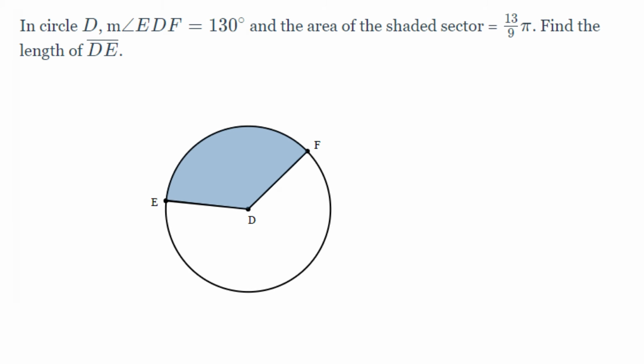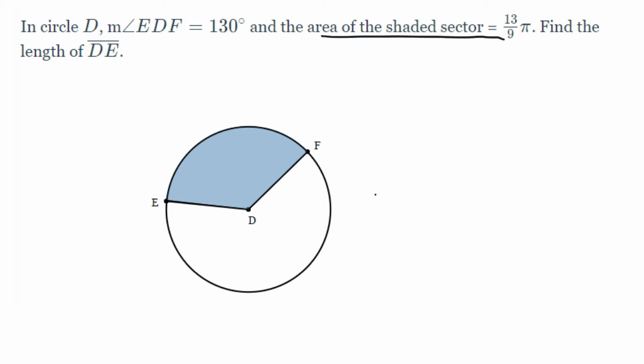I kind of started with a backwards one that I really intended, but that's okay. We can still take a look at these and see. So in this example, we're told we have 130 degrees and the shaded region has an area of 13 over 9 pi. Well, let's go back and think about what our formula was.